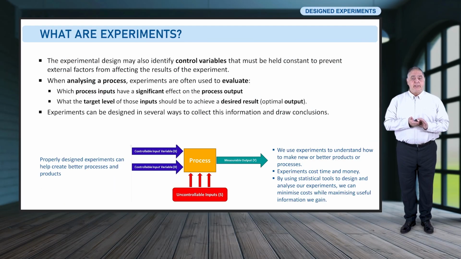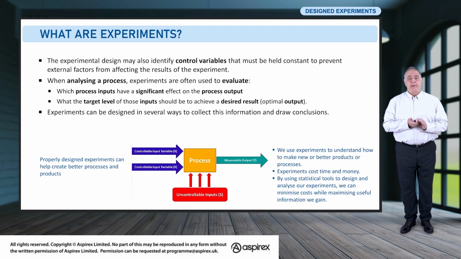The experimental design may also identify control variables that must be held constant in order for preventing external factors from affecting the results of an experiment.